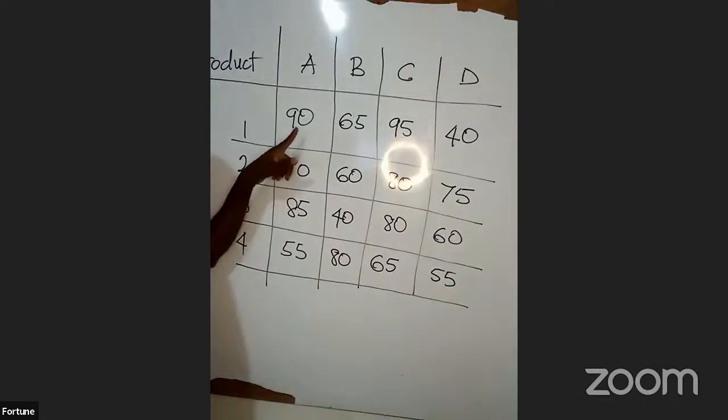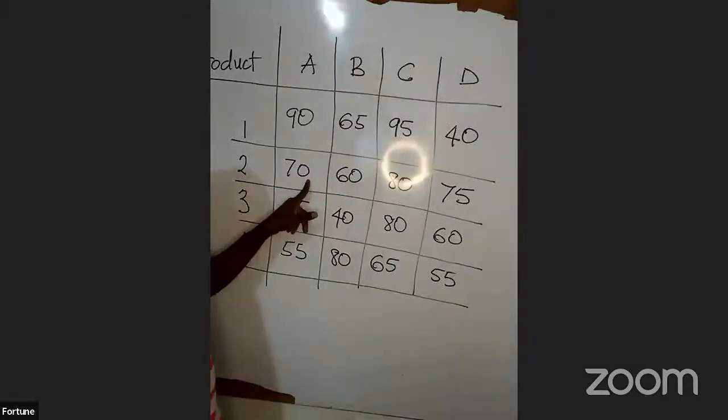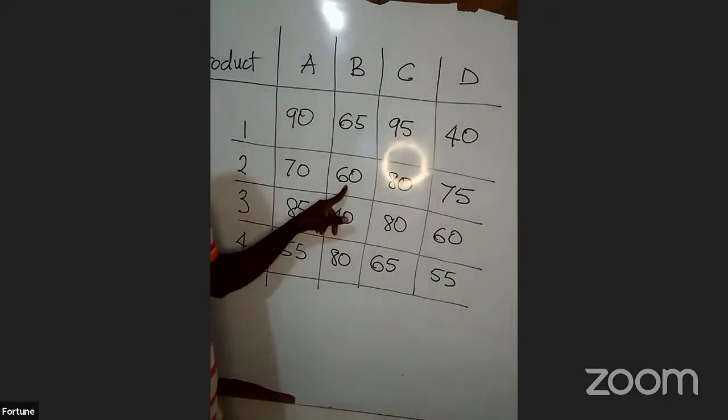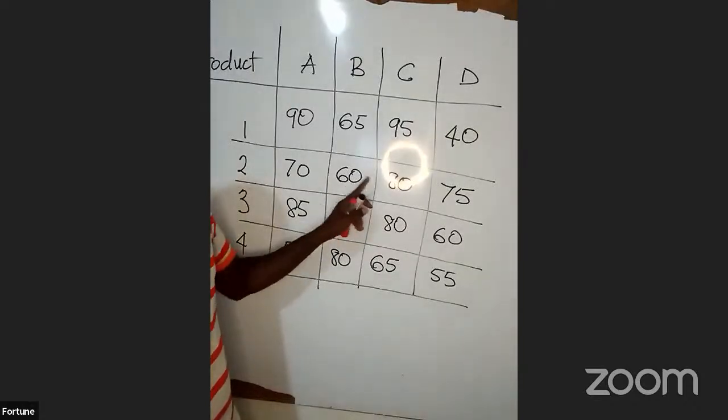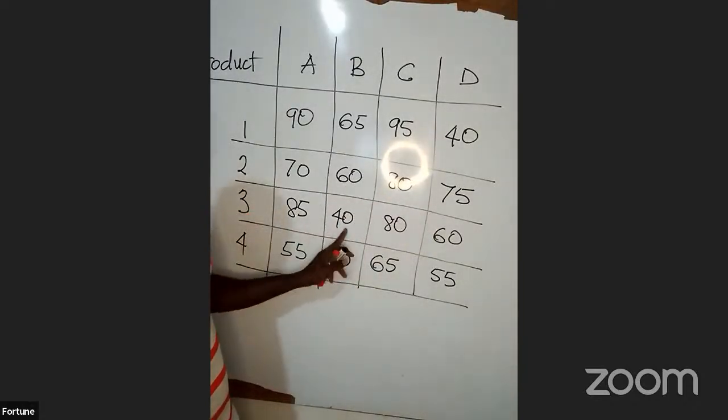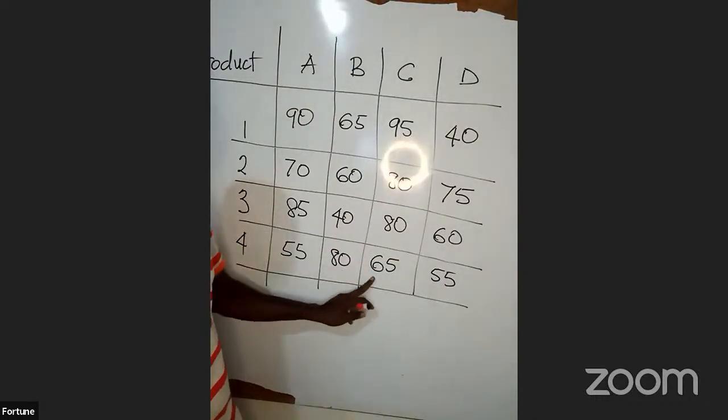So we have here 90, 65, 95, 40, 70, 60, 80, 75, 85, 40, 80, 60, 55, 80, 65, 55.